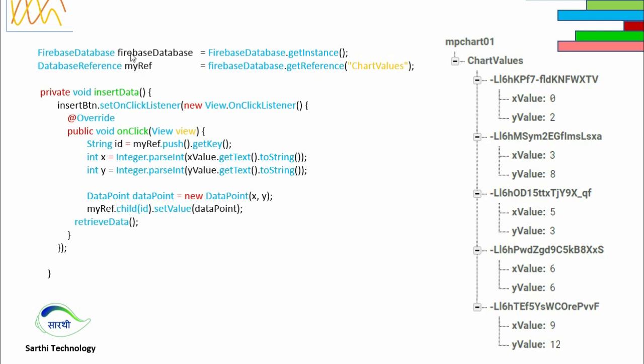After creating these two objects, first we will call a method that is insert data, and in this method first the insert button dot set on click listener, and in the body of this on click listener override a method on click.